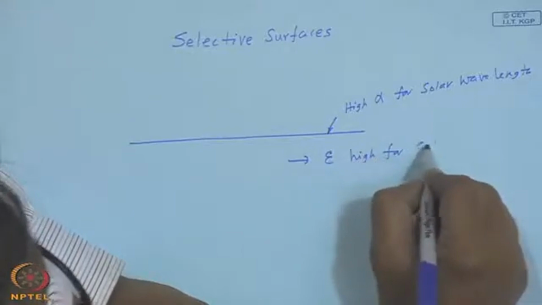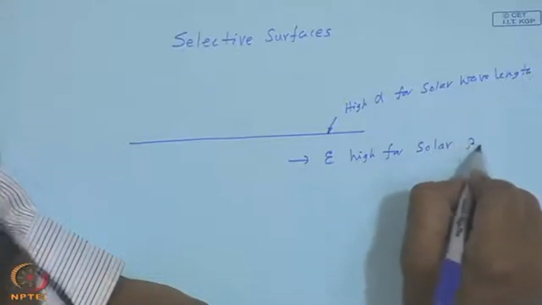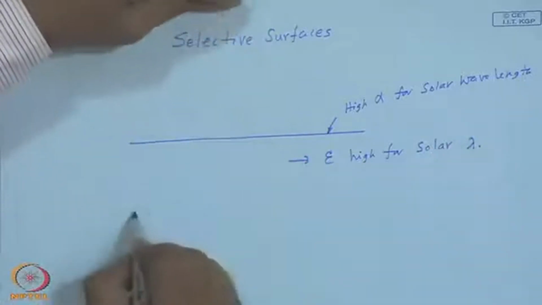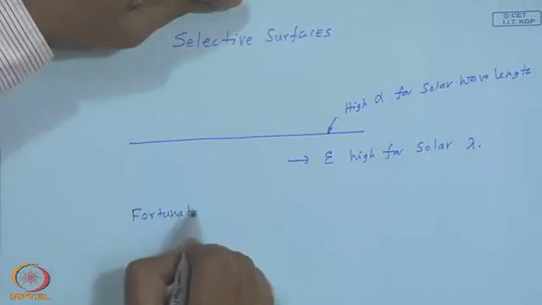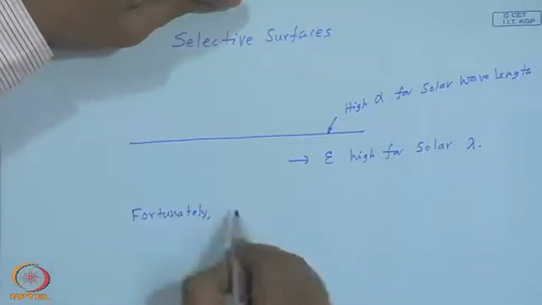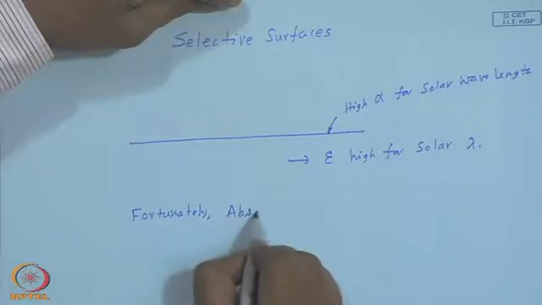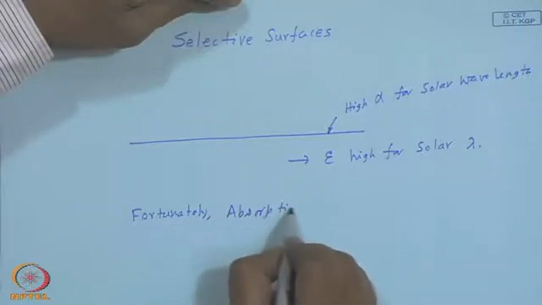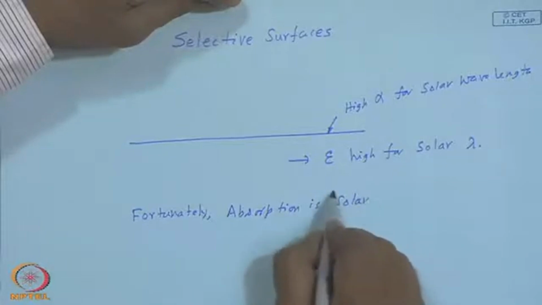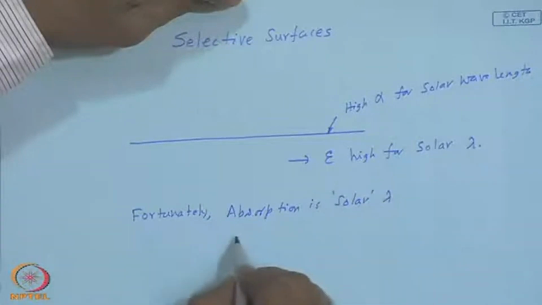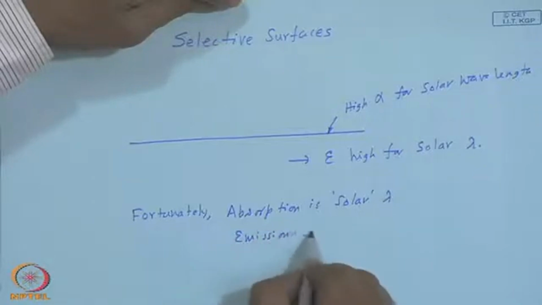for solar lambda, but fortunately absorption is in the solar wavelength and emission is long wave.